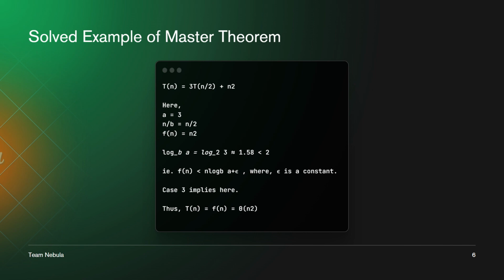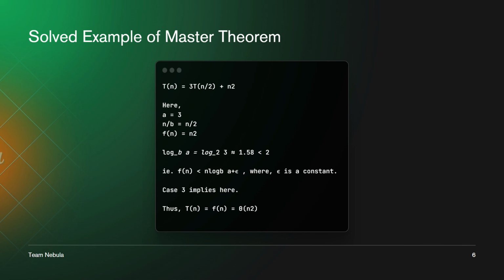Now, we calculate log base b of a. Log base 2 of 3 is about 1.58. Since 1.58 is less than 2, we move on to the case where f(n) is greater than n to the power of log base b of a plus a constant epsilon.